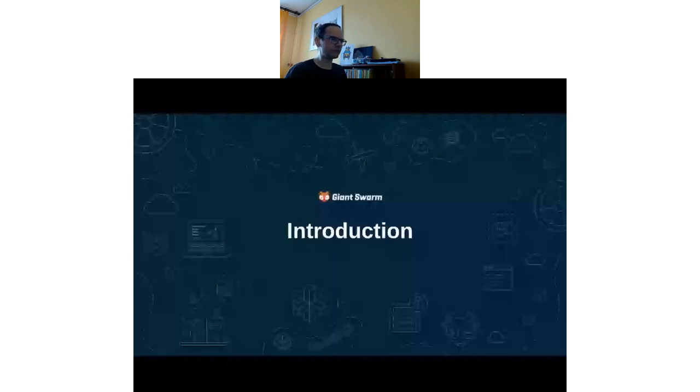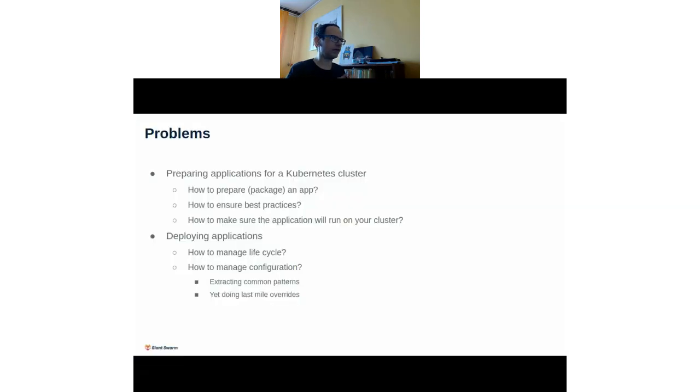So let's start with what the problem is and what we are going to talk about today. We want to deliver applications to Kubernetes clusters, where you run those clusters to run applications, right? So you have to prepare those applications somehow. This means a few things before you can even get your deployment running. First of all, you need to figure out a few problems.